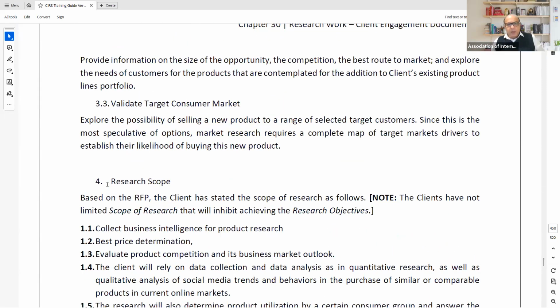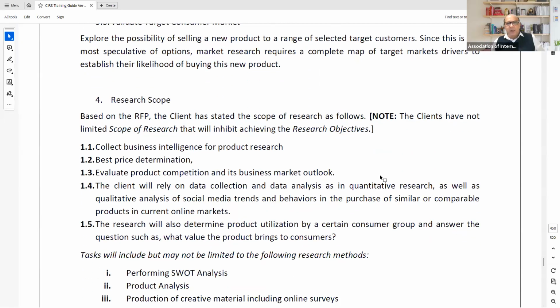Number four in the list is research scope. So even though we got the scope that is defined by the client, or at least it is mentioned in bullet points, now your idea is to do a bit of hand-holding, bridging that connection between yourself and the client to make them understand their requirements, to become more informational for them, as well as introducing certain terminologies for them so that they can connect with it.